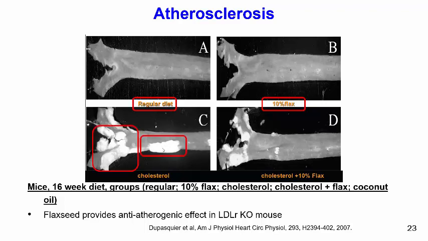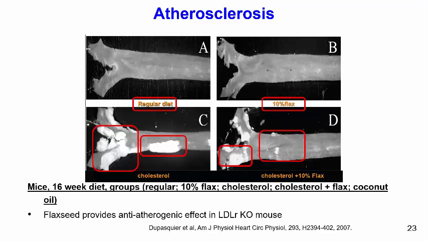However, if we take a look at the mice that had their diet supplemented with cholesterol, over a very short period of time, we see these very significant deposits of plaque within the interior of these vessels.